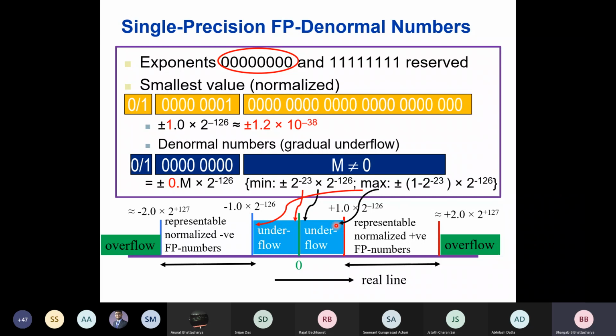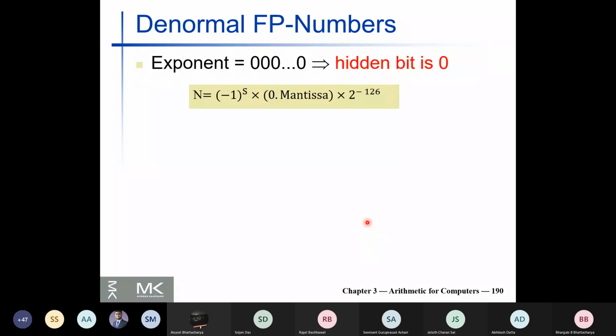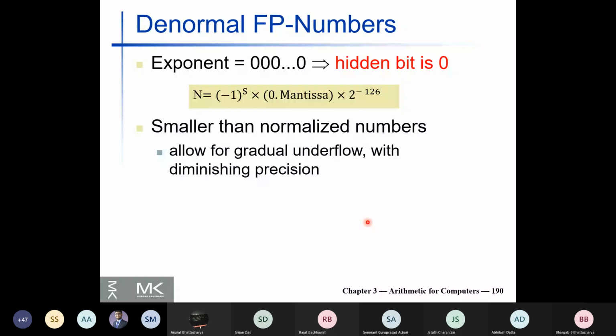So you are going beyond that. But you are working on this part alone. You cannot change the exponent anymore because you have only one choice. And so that's why the same exponent value translates, but with a smaller value of this mantissa. So these are smaller than normalized numbers, allowing for gradual underflow with diminishing precision.